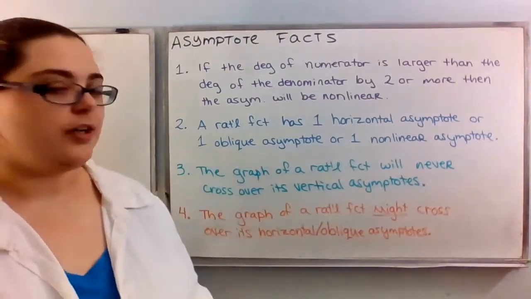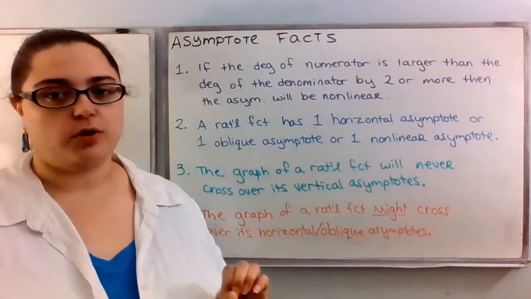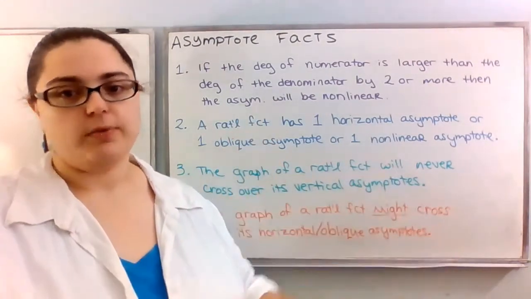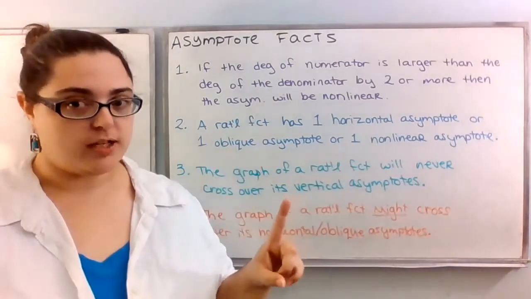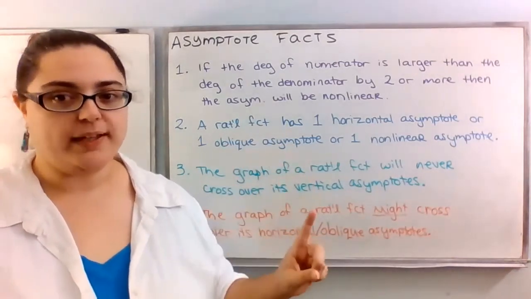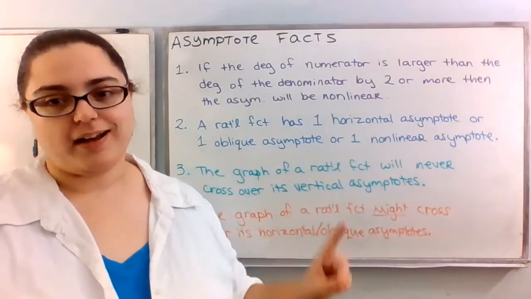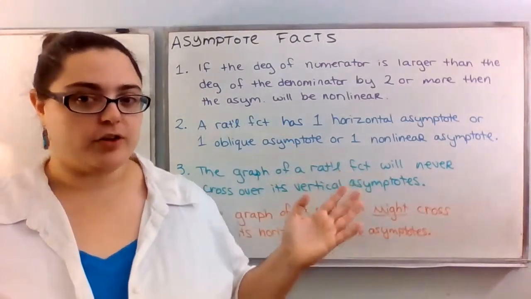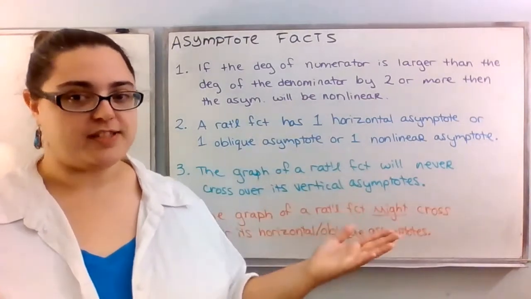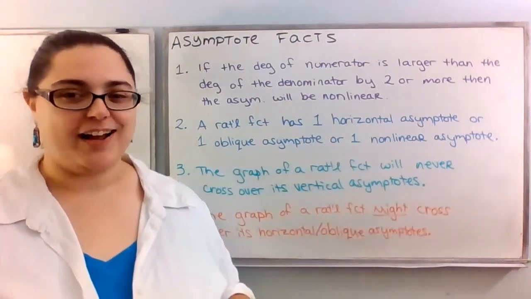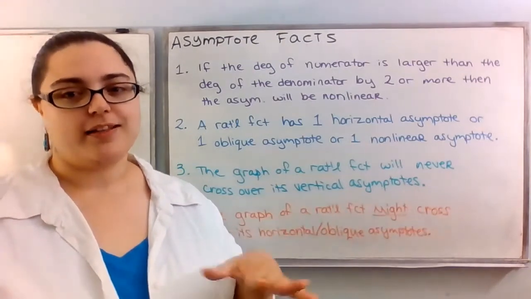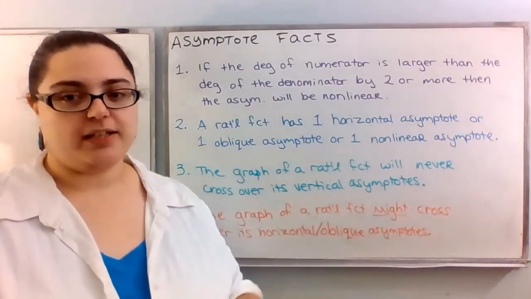The second note here is your rational function will only have one of that type of asymptote. It will have either one horizontal, or it'll have one oblique, or it'll have one nonlinear asymptote. However, it can have however many vertical asymptotes and however many holes it feels like having. So you can have multiple vertical asymptotes, but only one that's of the horizontal or oblique variety.